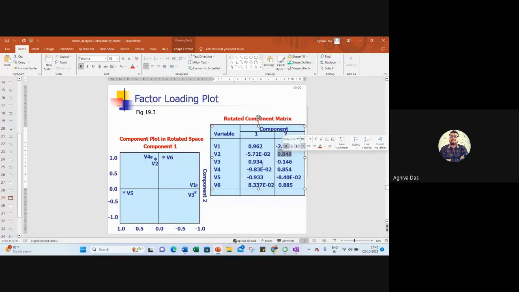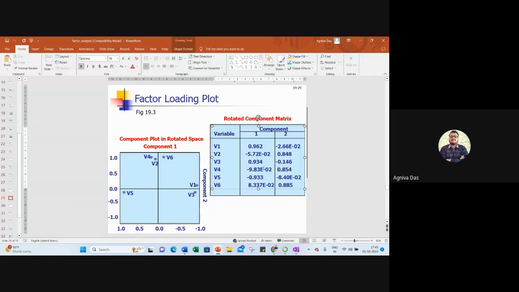And similarly for V3, I see that component 1 is a better choice. But for variable 4, however, here 0.854 is in component 1.